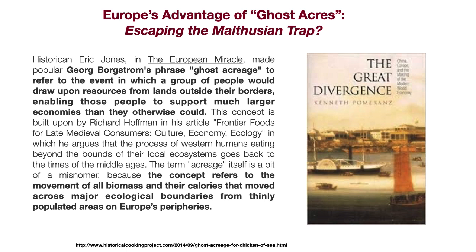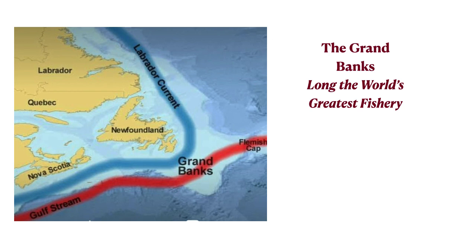It wasn't really drawing a whole lot of things like grain yet. That would eventually happen. They were getting timber for shipbuilding at a pretty early stage, but one thing that was happening by 1500 already, maybe even earlier, maybe before Columbus, was European fishers were going to the Grand Banks off the coast of eastern Canada, which was along the world's greatest fishery.